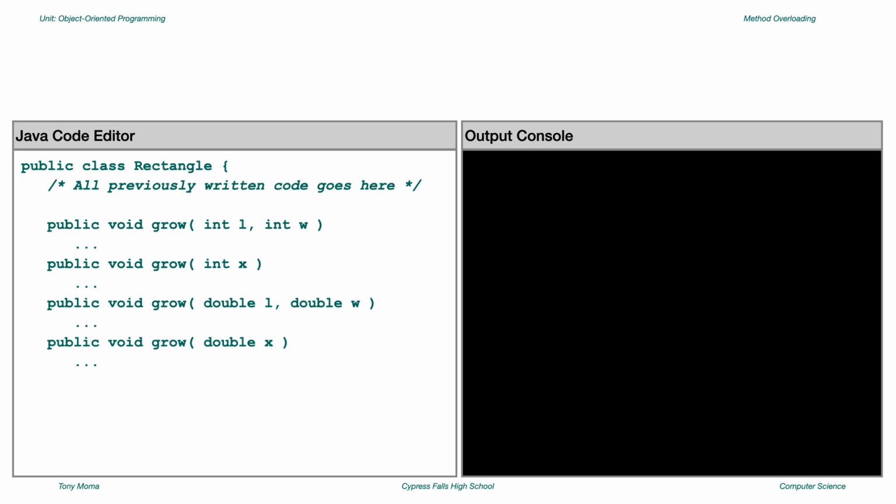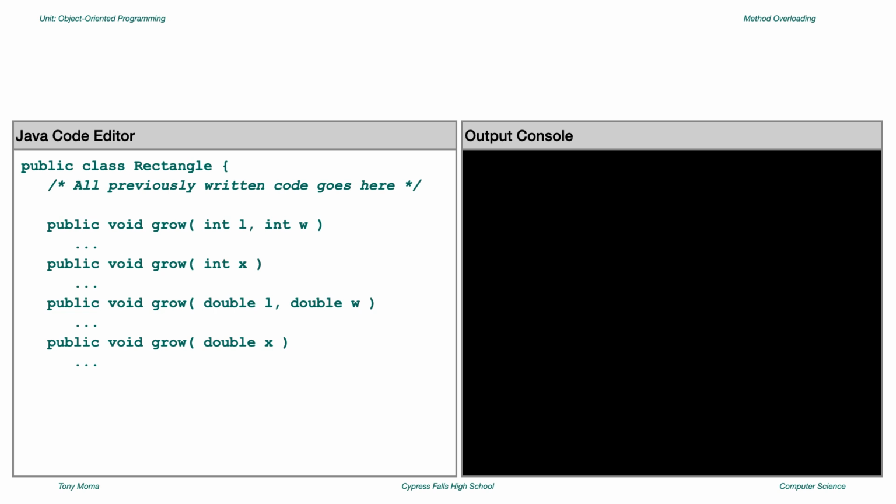Am I giving it one parameter or two parameters? Then it's going to look at the type of parameter I'm typing in. Did I give it an integer or did I give it a double? Did I give it a whole number like 3 or 10 or 20? Or did I give it a double like 3.5 or 10.6 or 20.75? These are just a few of the ways the compiler will be able to differentiate.